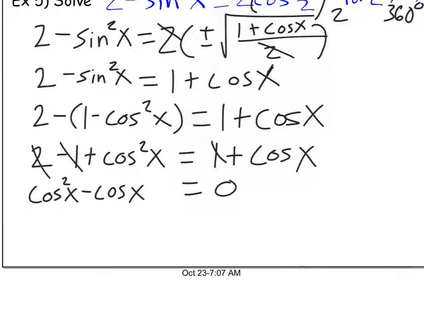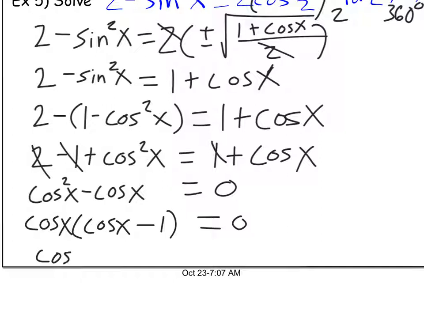I'm still left with something that's factorable. I have 2 terms that each have a factor of cosine of x, which will leave me with cosine of x equals 0, and then cosine of x equals 1.